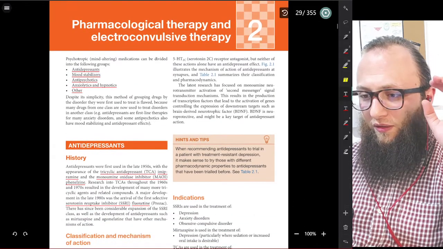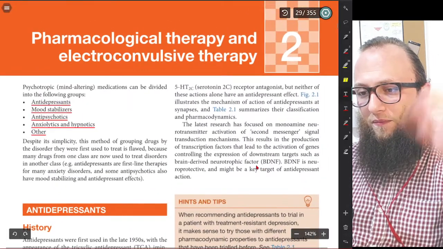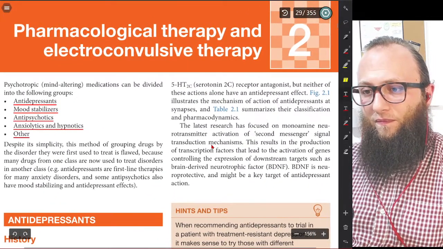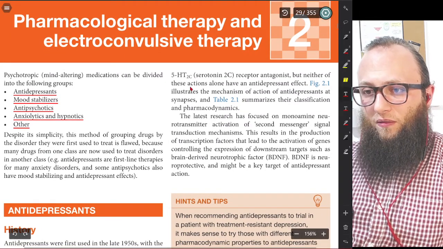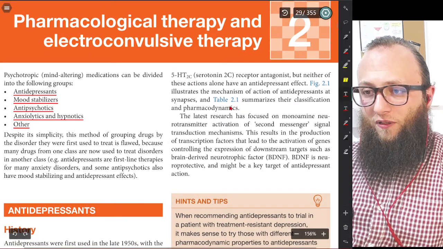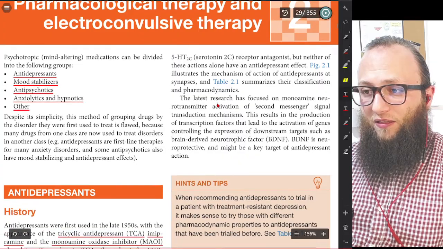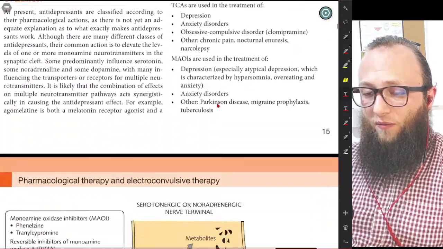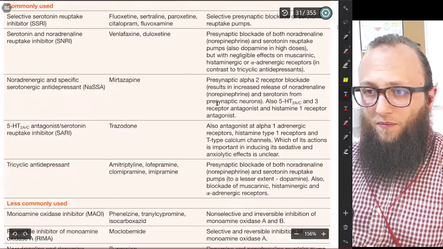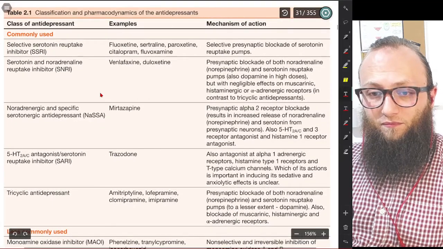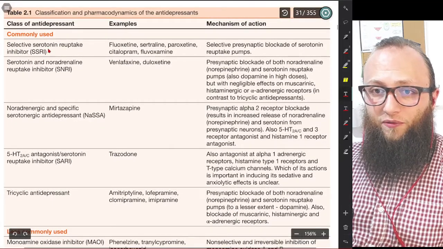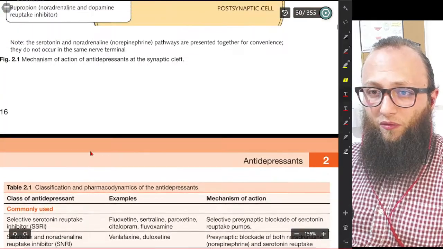Let's get back to the text. Okay, and we have a table that summarizes their classification and pharmacodynamics. Actually, we may look at that. So we have selective serotonin reuptake inhibitors. We've talked about that.